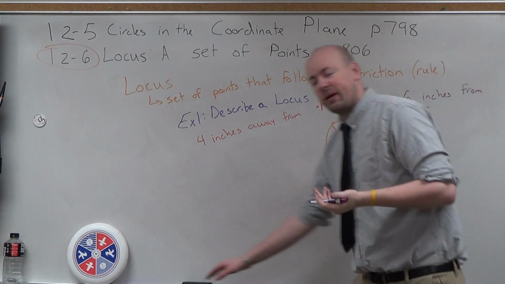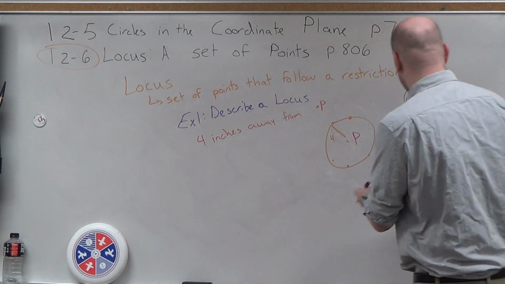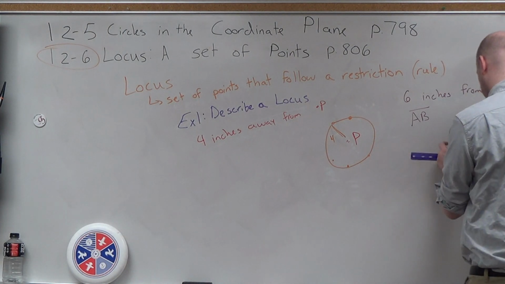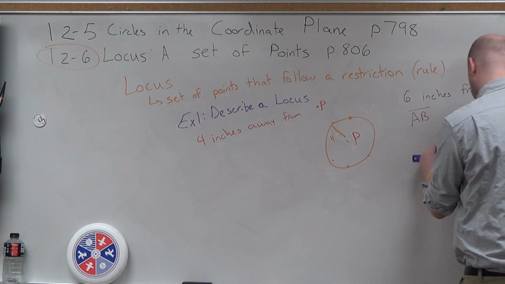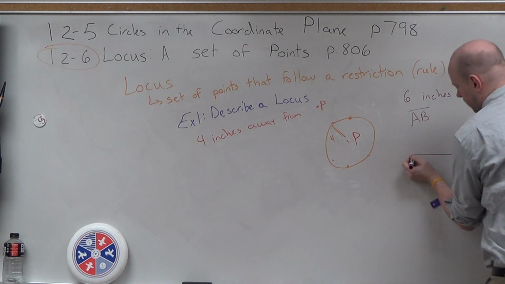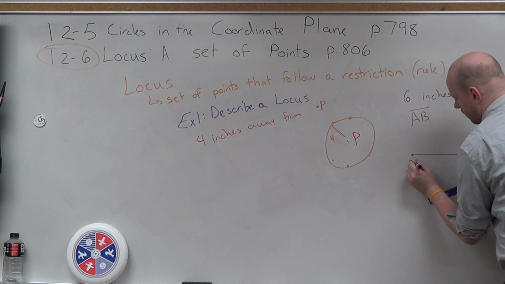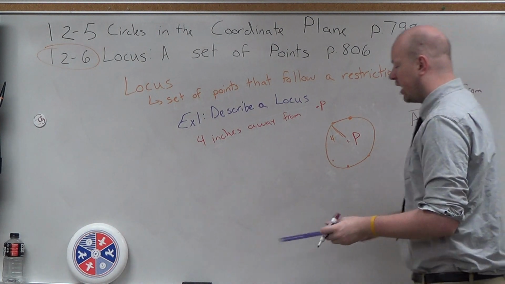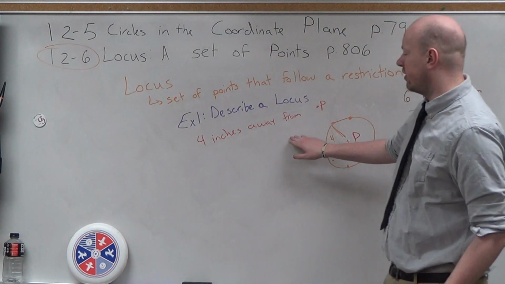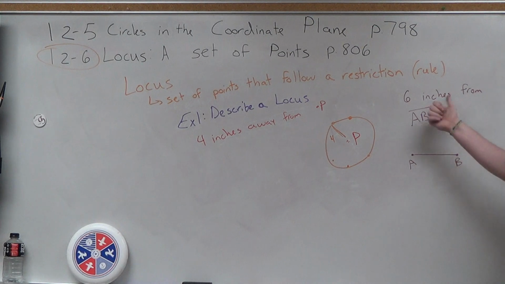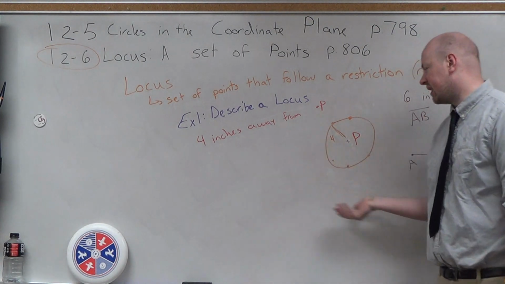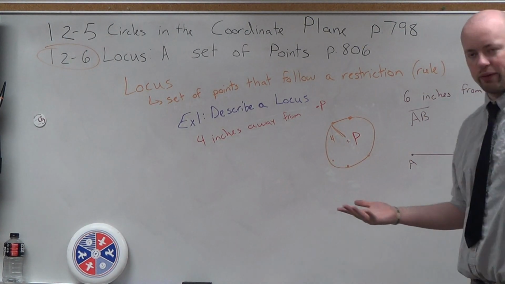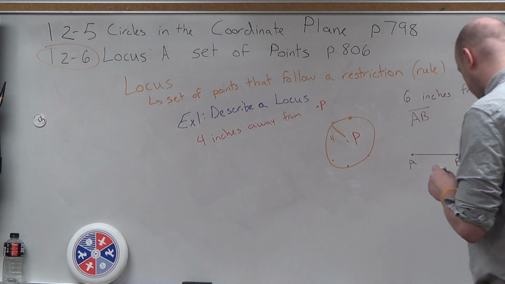So first I need a segment AB. Now on your paper, if you want to use less values, that's fine. Like if you want to use 2 inches or something, I just need something so you can see it from the camera. Okay.